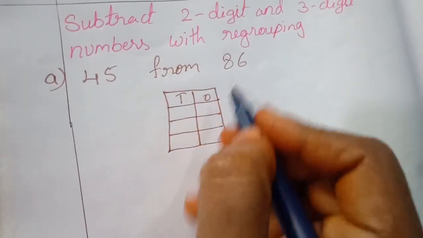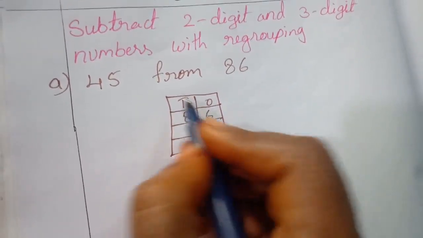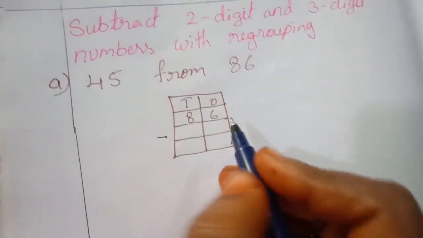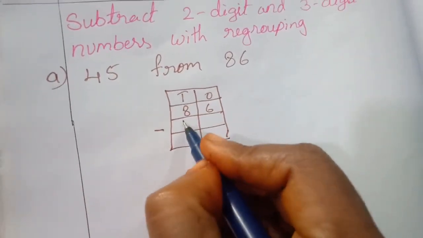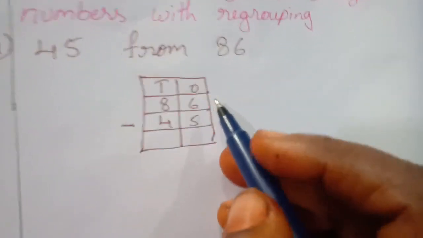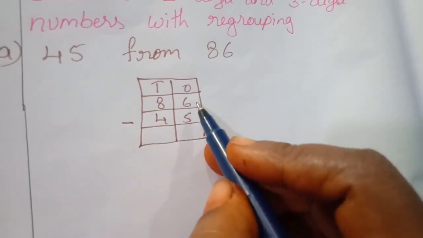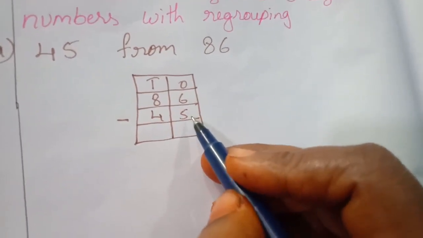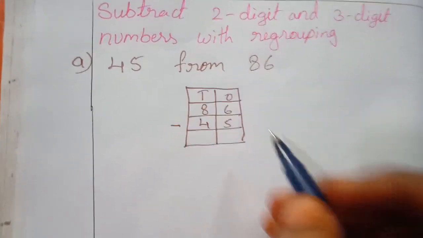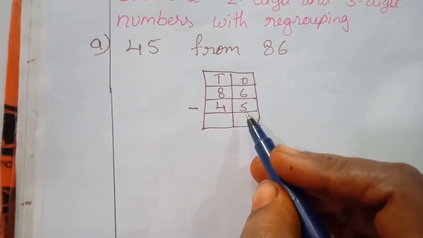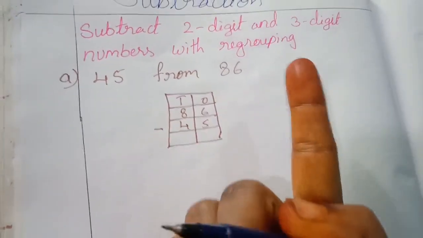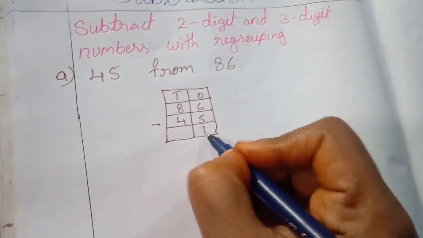You should write this 86 up, and the minus symbol, and again 45 down. First you should subtract the ones place. 6 minus 5. Count up from 5 to 6, only one finger. That one you should write here.